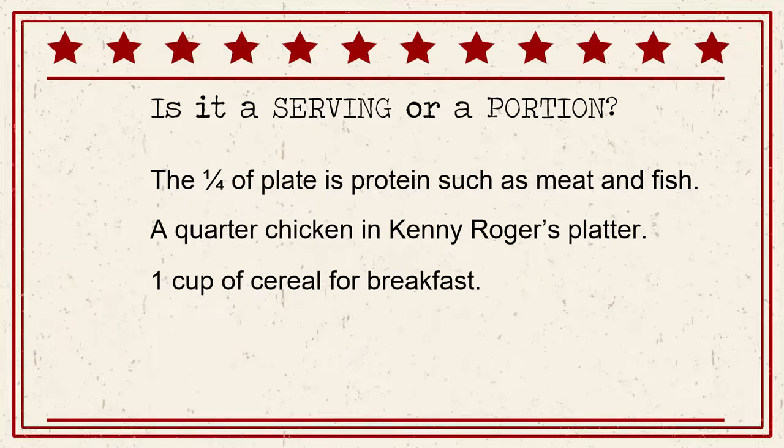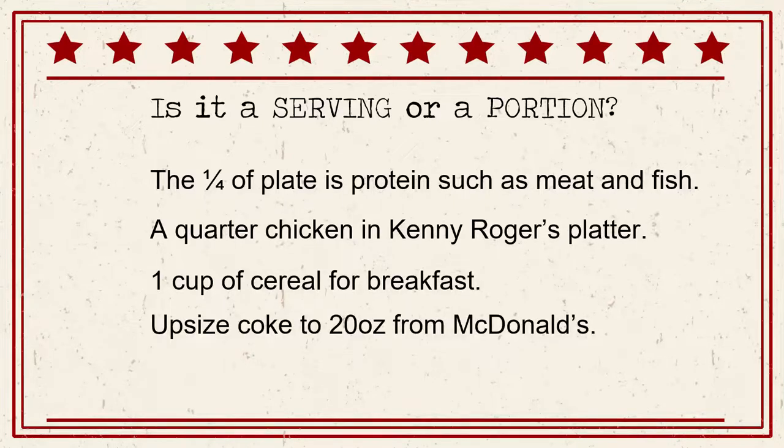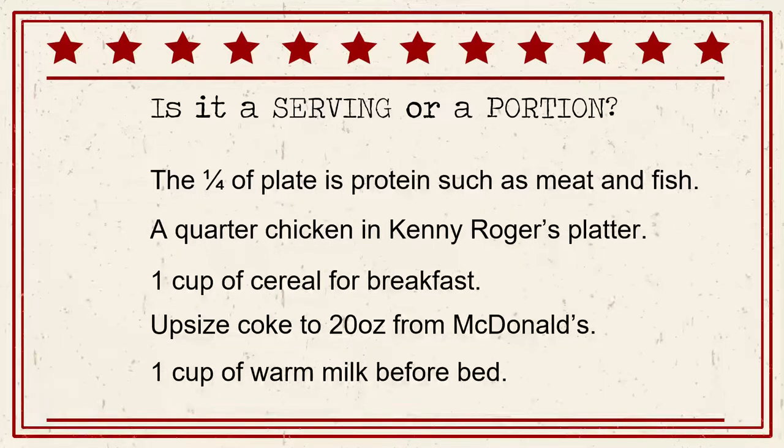Next, 1 cup of cereal for breakfast. Next, an upsized Coke to 20 ounces from McDonald's. And 1 cup of warm milk before bed. You may pause this activity to answer. Let us now answer.